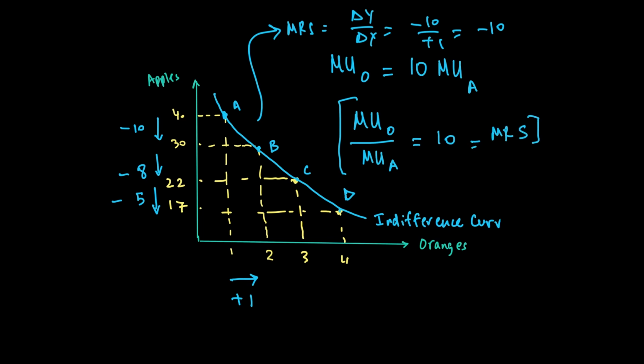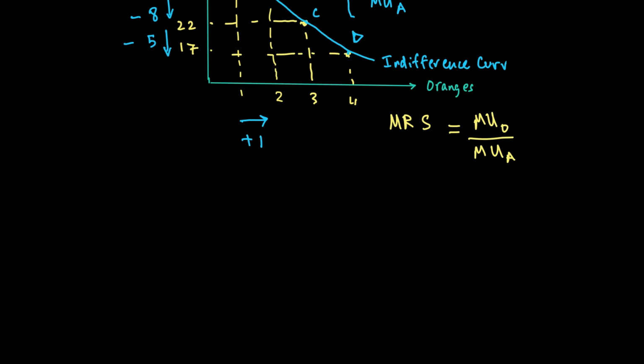So in other words, we have found a general form for marginal rate of substitution in terms of utility, and that is the marginal utility of oranges over the marginal utility of apples. And if I want to write this in general form, because oranges is on the x-axis and apples are on the y-axis, I can rewrite this and say the marginal rate of substitution, or in other words the slope of the indifference curve, is simply MUx over MUy.